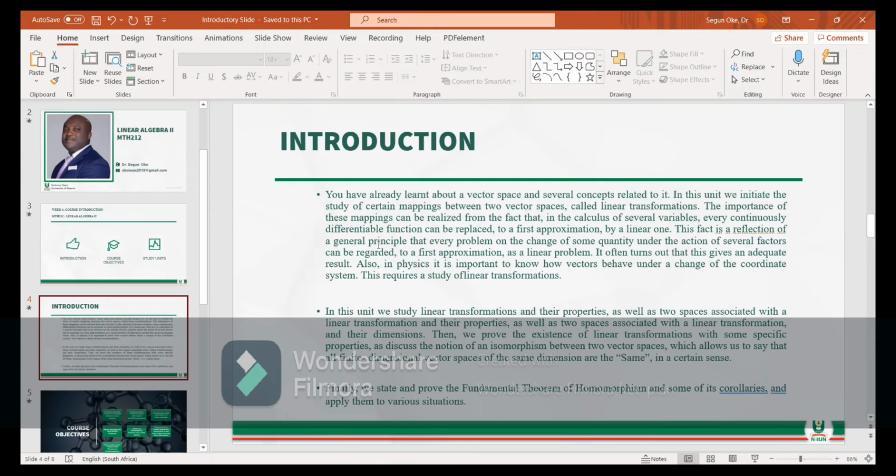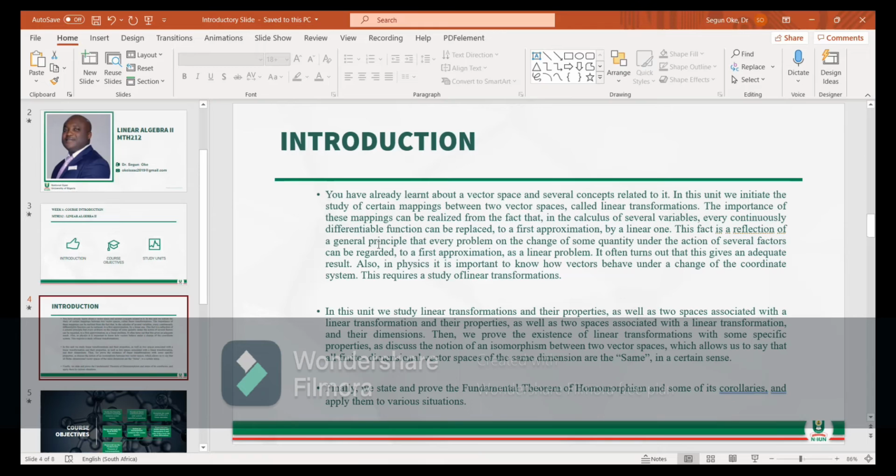The importance of the mapping can be realized from the fact that in the calculus of several variables, every continuous differentiable function can be replaced, to a first approximation, by a linear one. We have nonlinear, we have linear, but in this case we are dealing with linear.